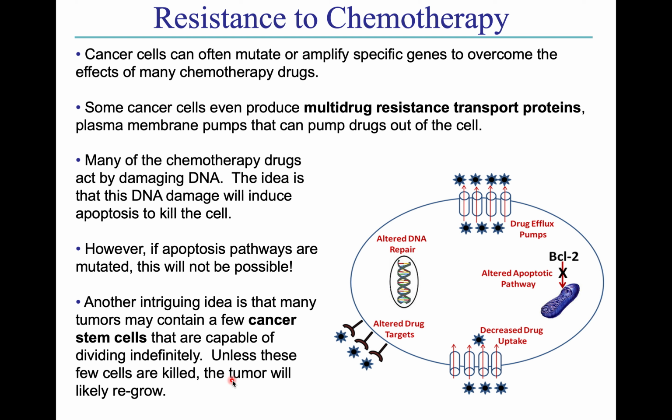So this would be a very small population of these cancerous cells that have, I guess fair to say, the most potential for division. And so the idea would be, unless you actually manage to kill that small handful of cancer stem cells with your chemotherapeutic treatment, that tumor is very likely to regrow, if you leave even, basically, one of those stem cells in the body.